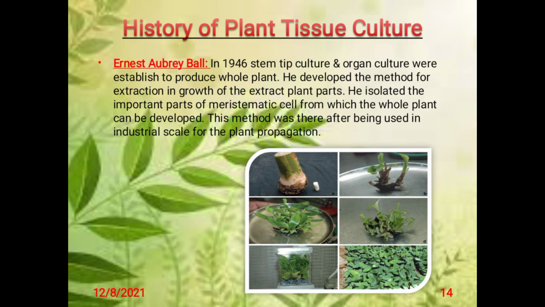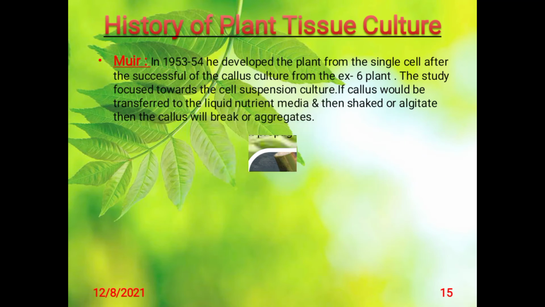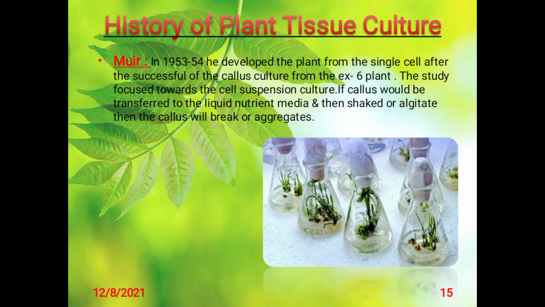This method was thereafter used on an industrial scale for plant propagation. Next is Mori. In 1953 to 54, he developed plants from single cells after the successful callus culture from the six plants.